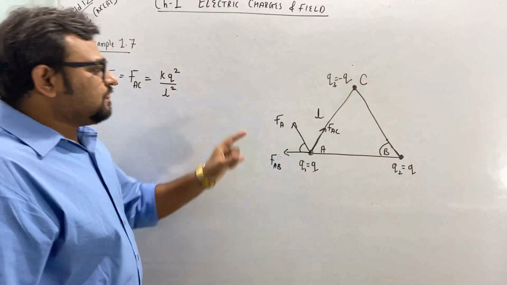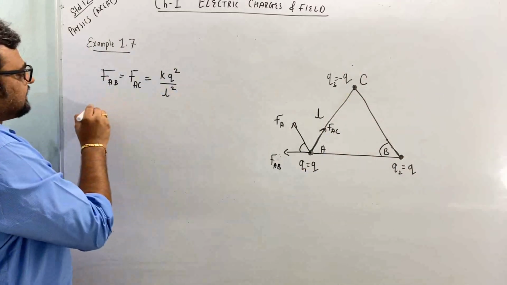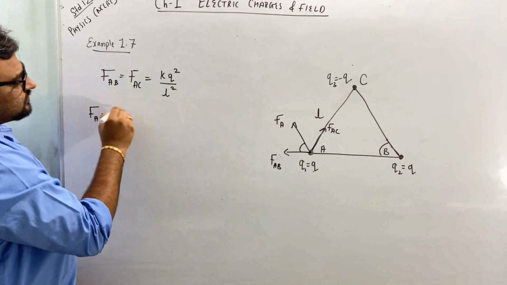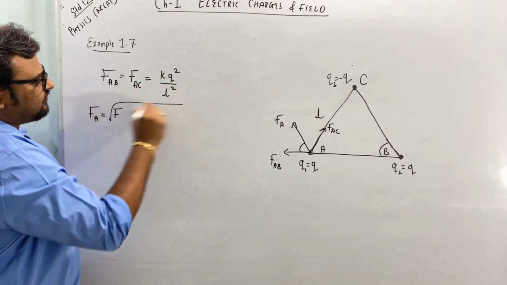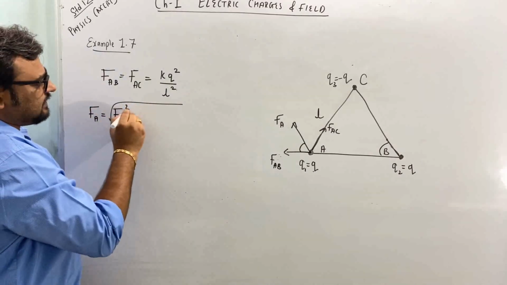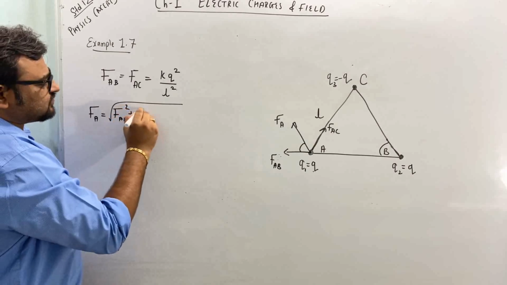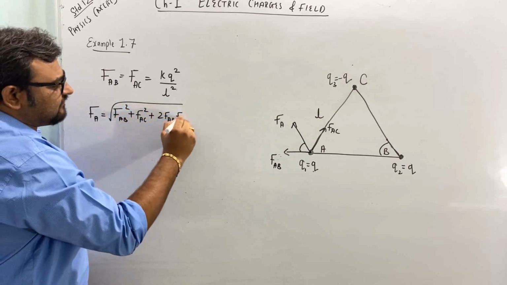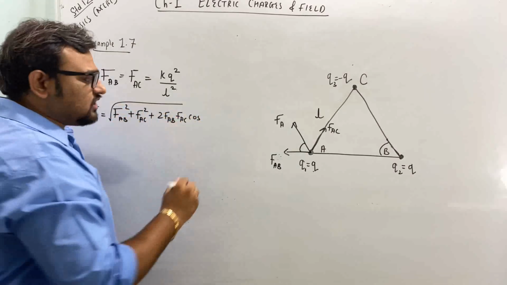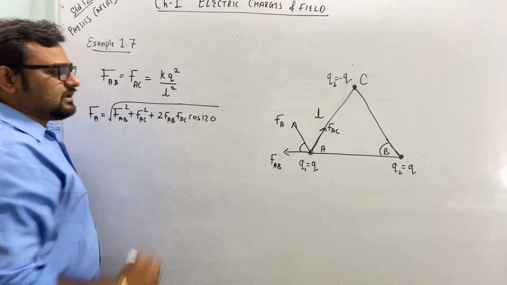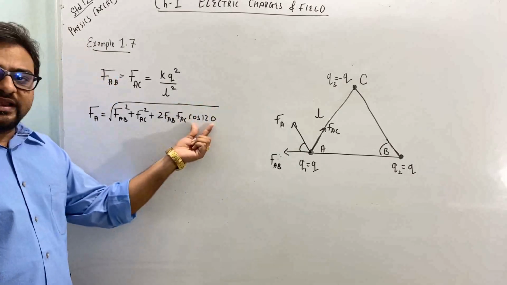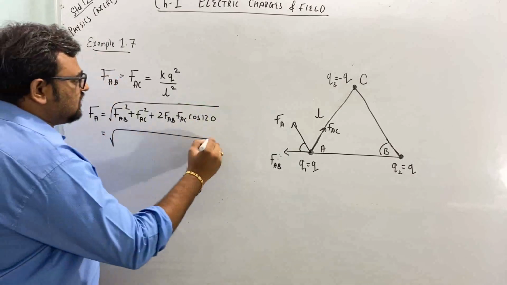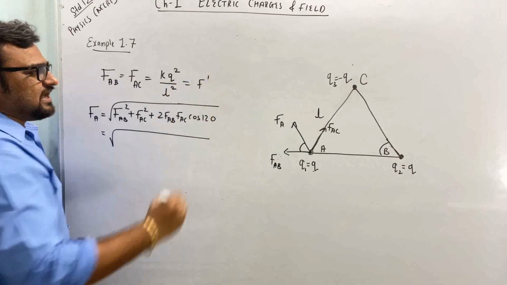Clear? So the resultant force, I can write it down, FA will be equal to under root of FAB square plus FAC square plus 2 FAB FAC cos 120. Clear? So the value of cos 120 is minus 1 by 2. So let's take this as F dash.